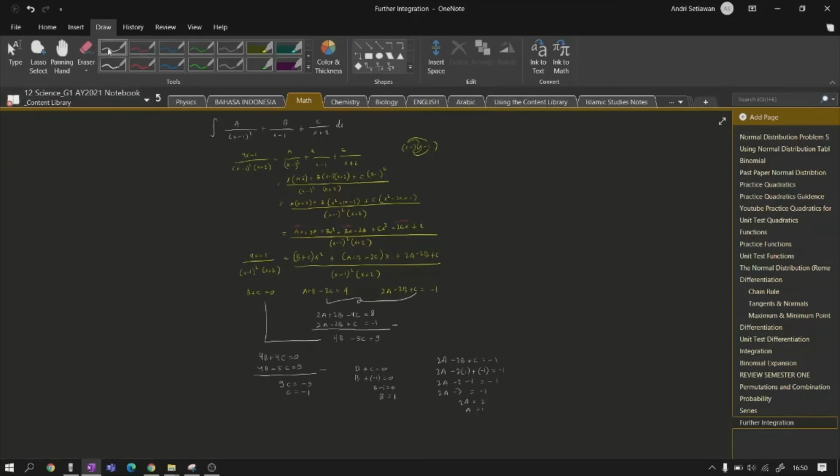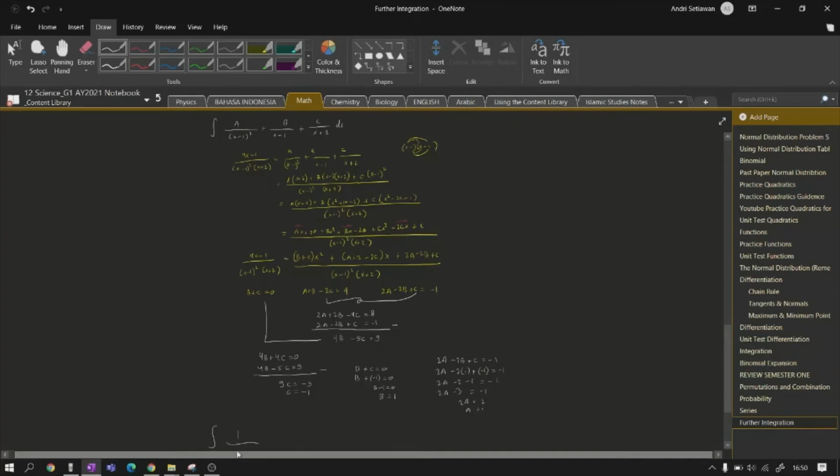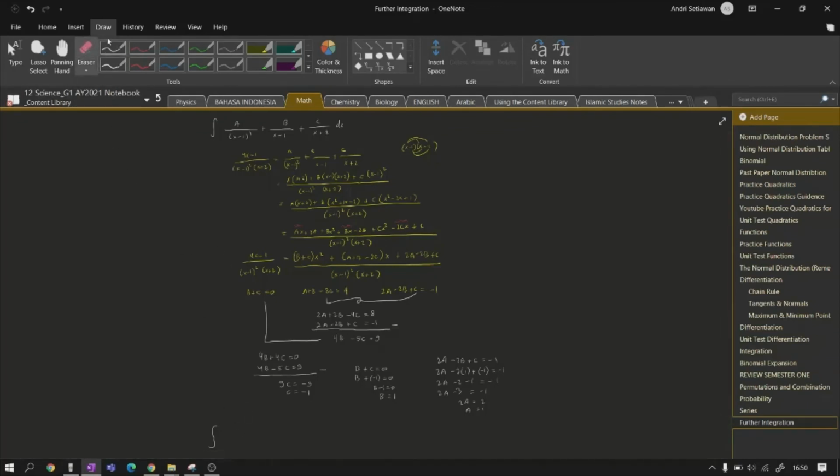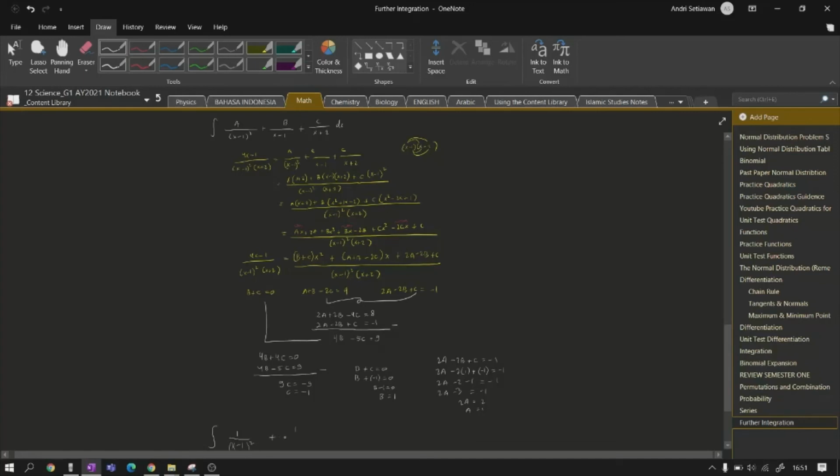The integral, a is 1, so 1 over (x minus 1) squared, plus b, which is 1, over x minus 1, plus c, which is -1, over x plus 2, dx.